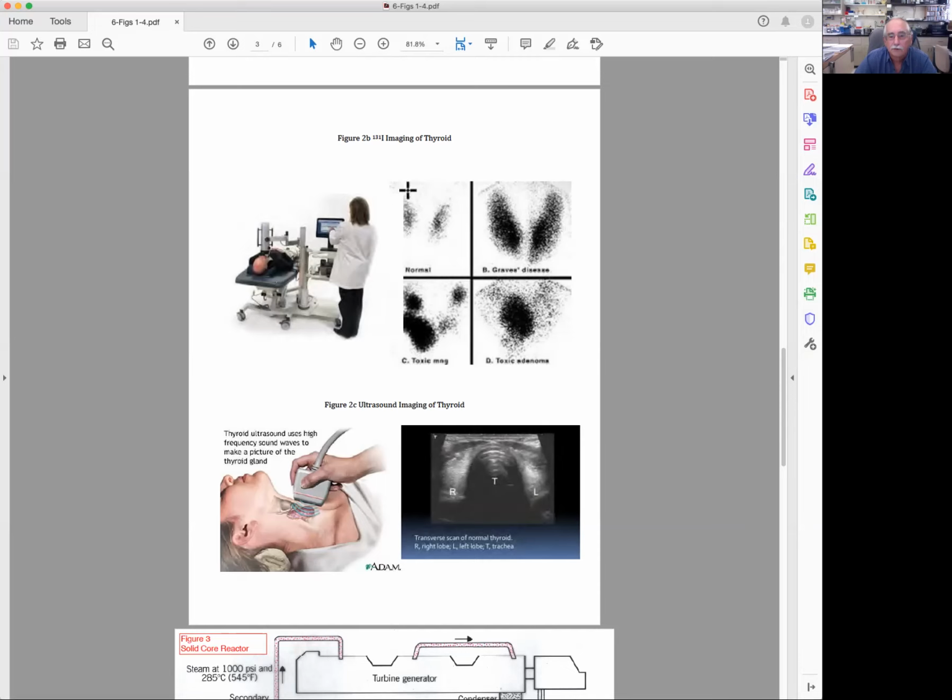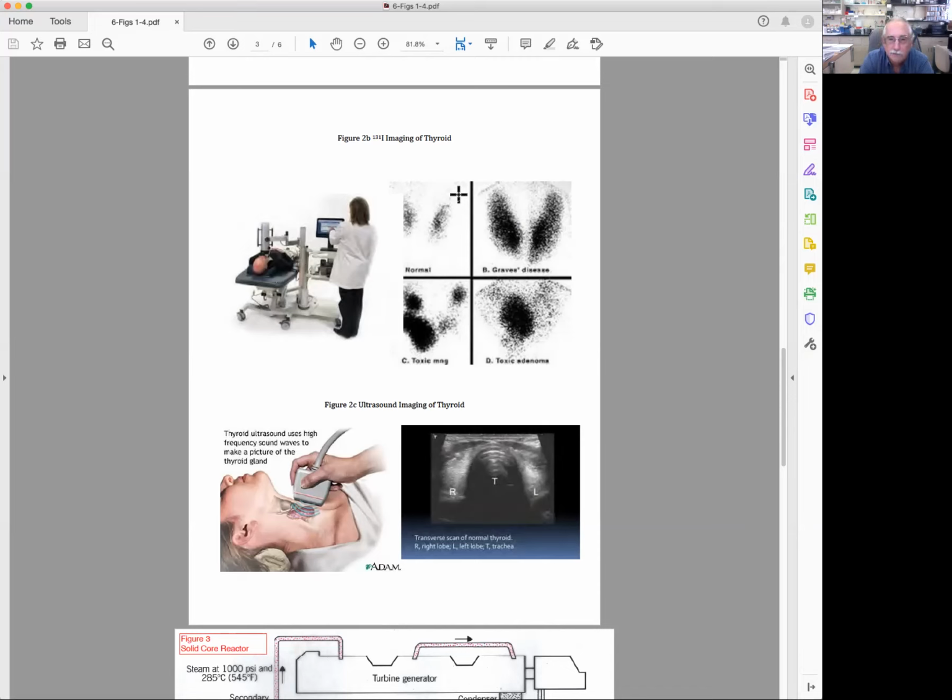So here's a person's thyroid gland, because iodine goes preferentially to the thyroid gland. The reason it does that is that the thyroid gland produces a hormone called thyroxine. So thyroxine as a molecule has several atoms of iodine on it.